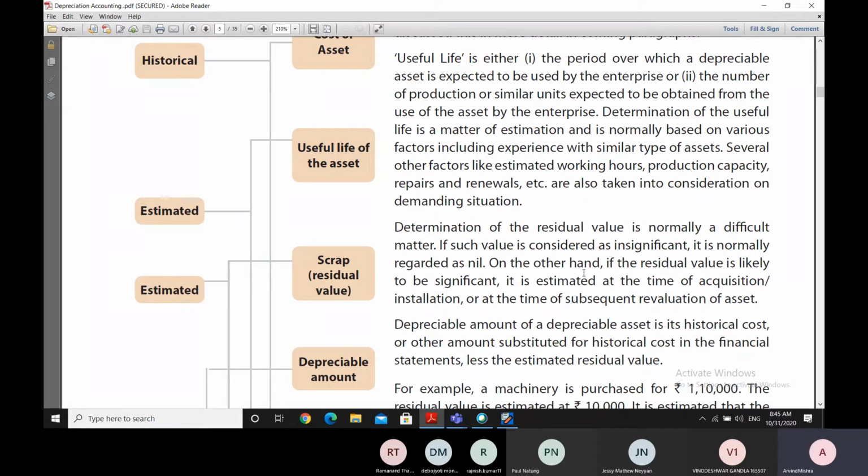If the residual value is estimated at the time of the acquisition or the installation itself, or we can do that at the time of subsequent revaluation of the asset.